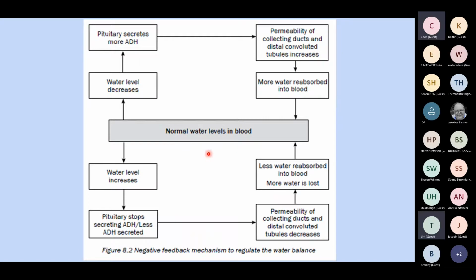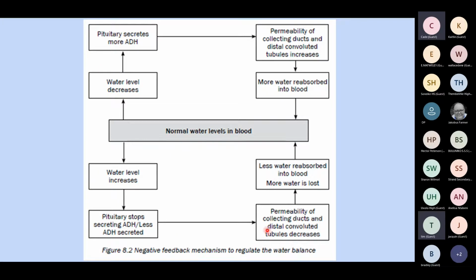Another diagram that might appear. Grade 12s, I'm dealing with so many diagrams and descriptions because we do not know what you will get when you're writing paper 1. This diagram is coming from your Mind the Gap, and again, the arrows are very important. Normal water levels, the water level will increase, the first one here. So now the hypothalamus is stimulated to send an impulse to the pituitary gland, which secretes less ADH.